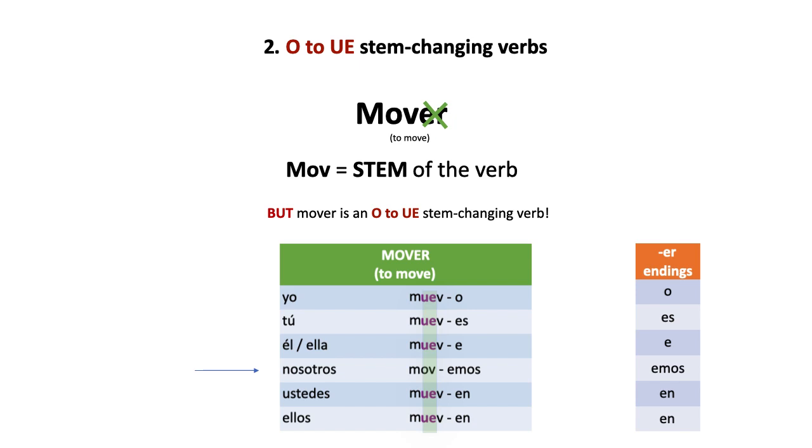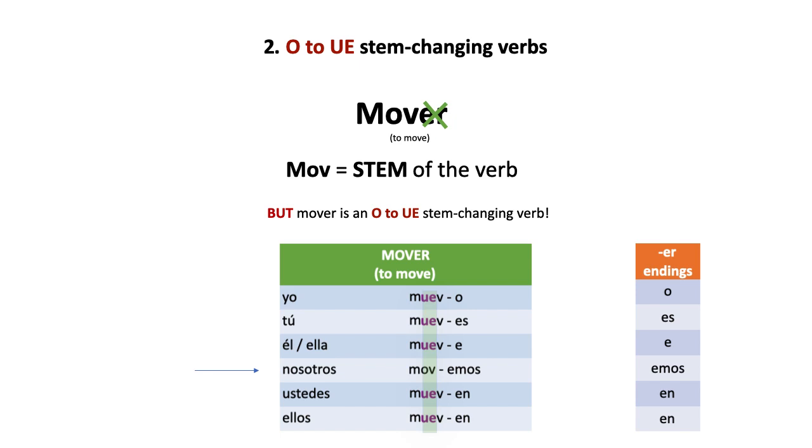How do I know what change to make? Well, the very name of the group told me, right? Now, how do I know that a verb belongs to a certain group? Well, basically that information I need to learn when I learn the verb. So you're going to get a vocab list, right?